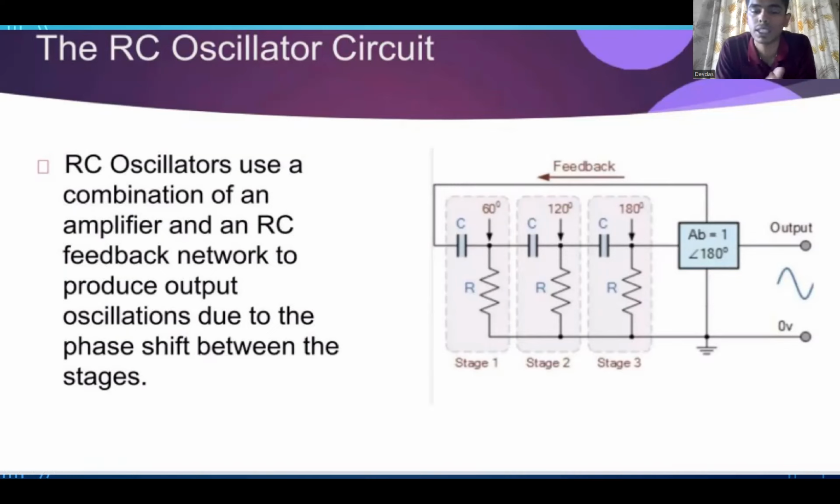It amplifies the signal, and some part of the output goes through the RC feedback. Feedback means that a part of the output is supplied back to the input. This increases the voltage gain for the op-amp, or for the circuit.